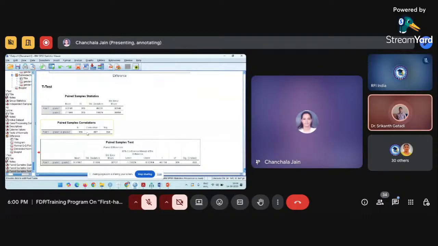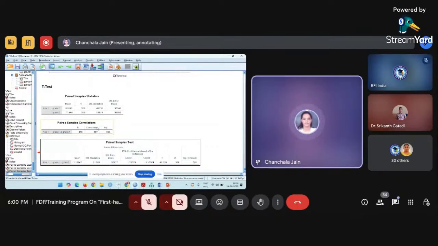In the paired samples correlation, here we have one significant value, and in the paired sample test we have another significant value, two-tailed. What is the difference, madam? This significance is for the correlation, and this is for the paired t-test. Whenever you are performing a paired samples t-test or dependent samples t-test, we will always get the correlation value because there is a pairing in your data.